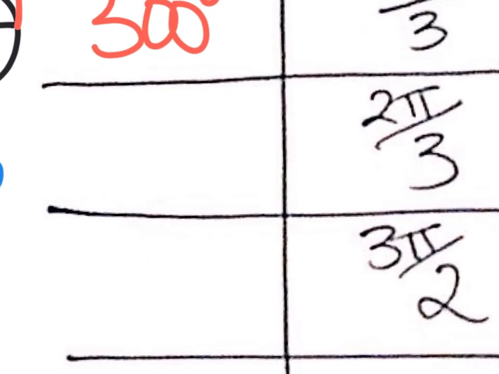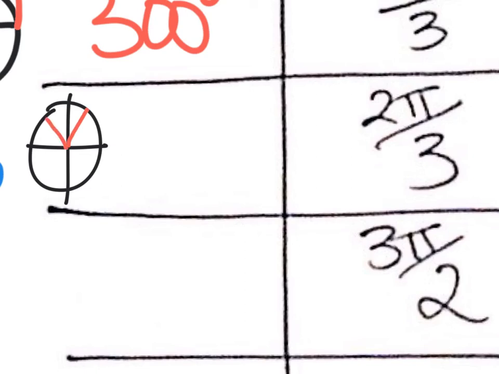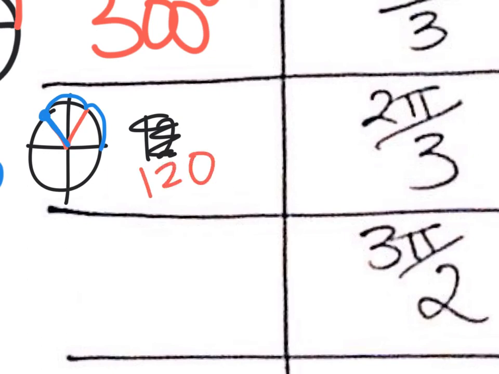I used up all my space. 2 pi over 3. So 2/3. Let's see. Here we go. 1/3, 2/3. So this guy, that's 30 degrees more than 90. 120. Sounds good to me.